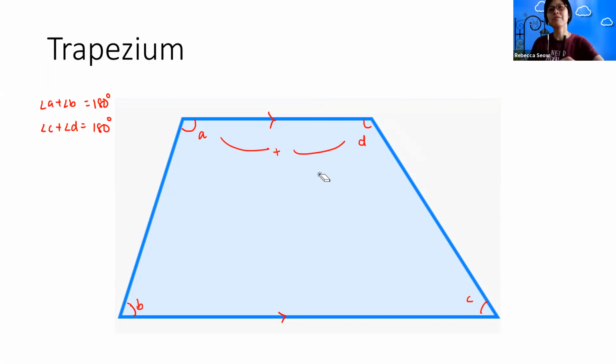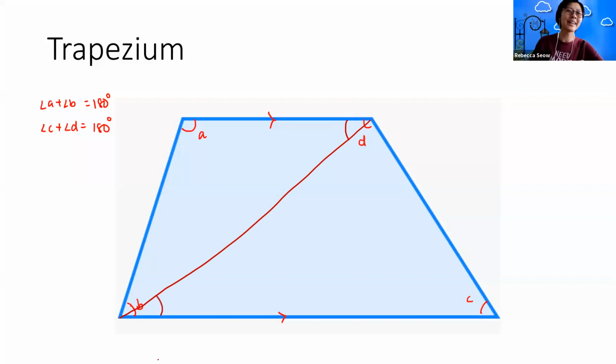So the condition for interior angles is that the two angles need to be within two lines that are parallel to each other. Just take note of that. And for trapezium, it is typical for questions to draw a diagonal as well. From here, what you could see is that this angle over here corresponds to the angle at the bottom through alternate angles.